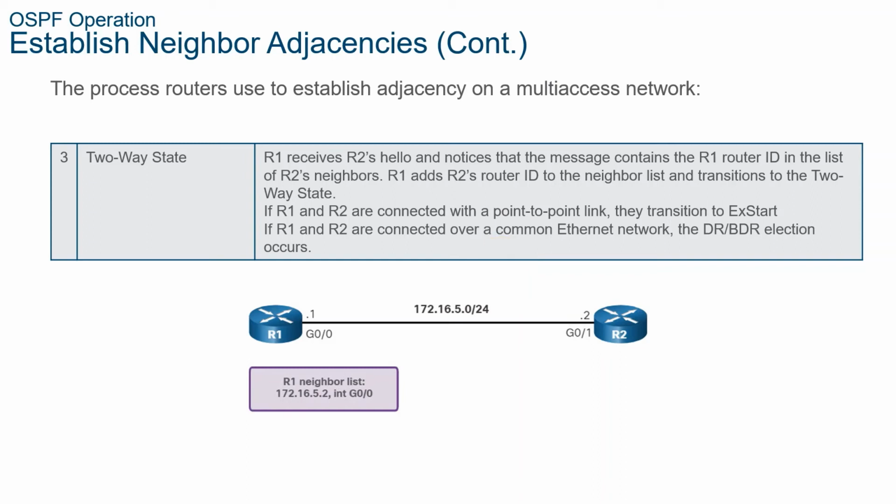It could be a point-to-point network wherein routers are connected via serial link, or it could be a multi-access network, like a common Ethernet network, wherein there is a need for a designated router and backup designated router election.